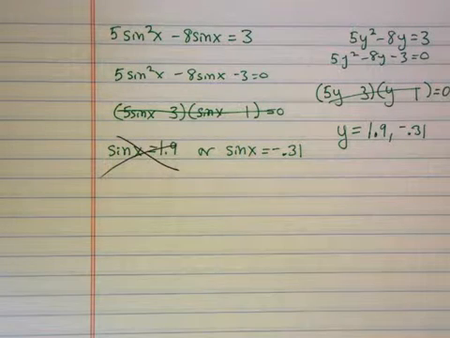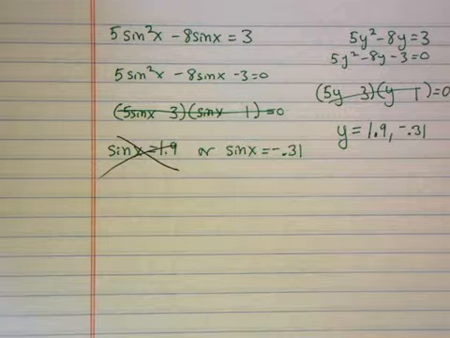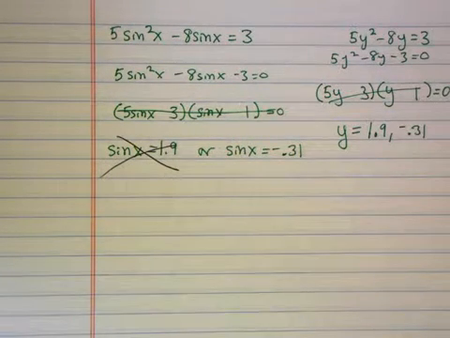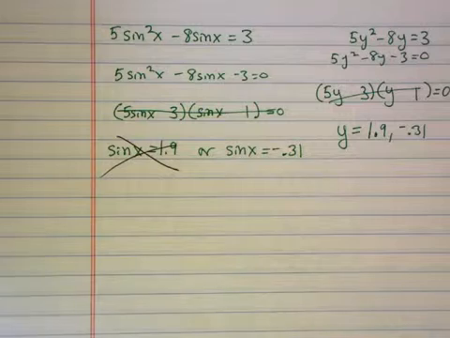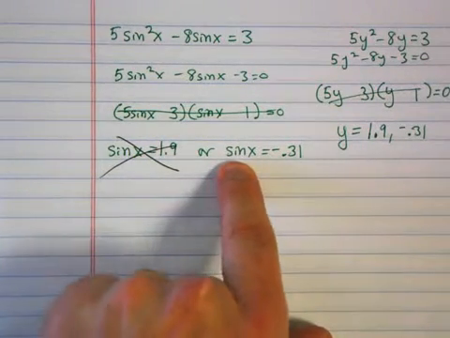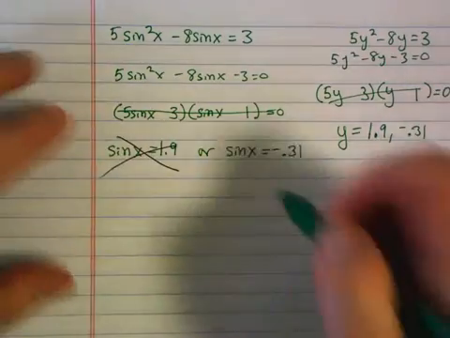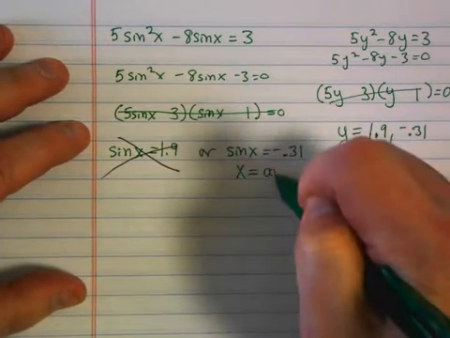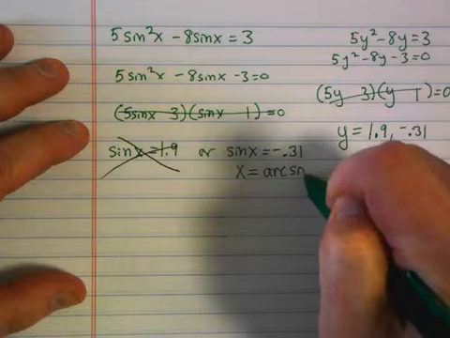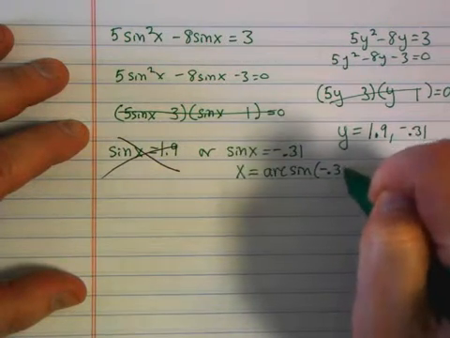Quadrant 3 and 4. Is that one of the angles on my special chart that I have memorized? Not a chance. So what do I do? How do I get rid of a sine? What's the opposite of sine? Inverse sine. So x is arc sine of -0.31.